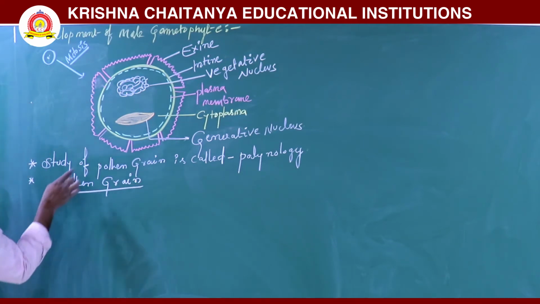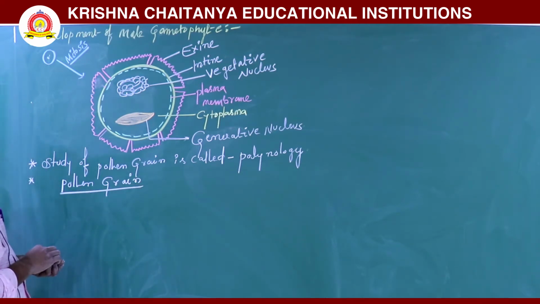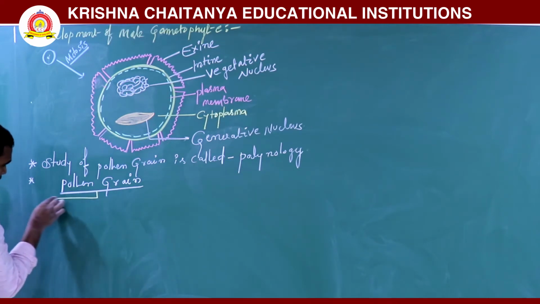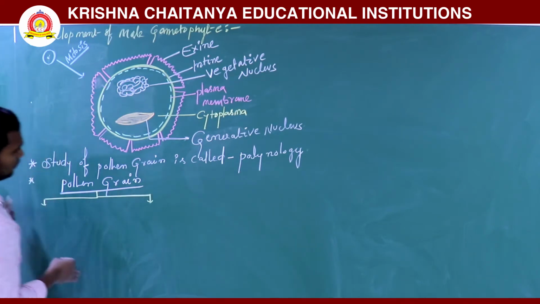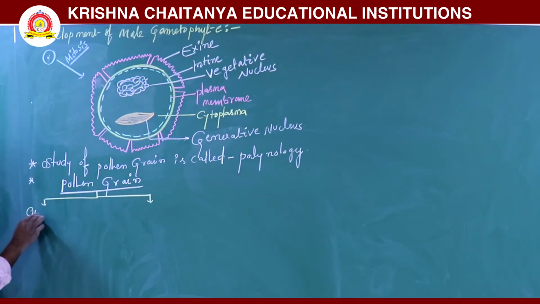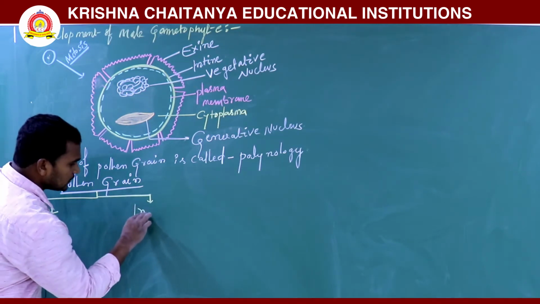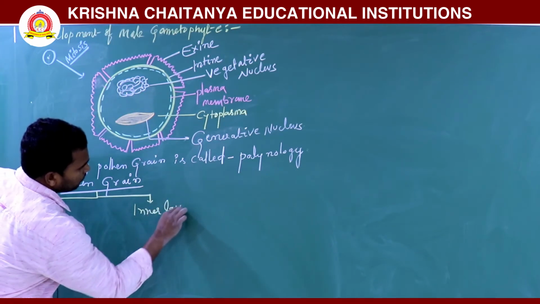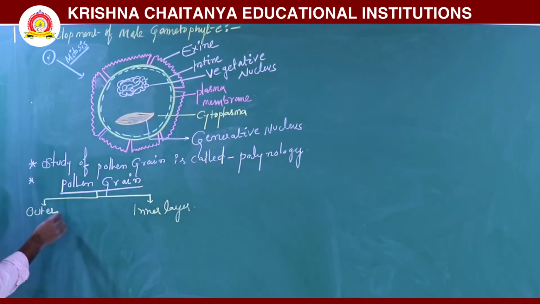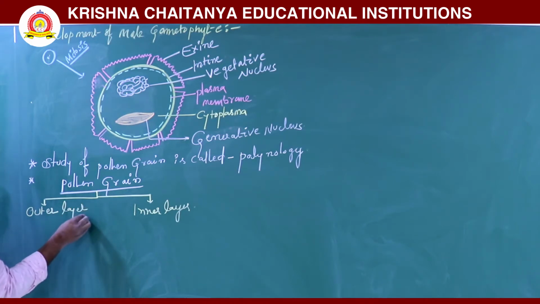The pollen grain has two wall layers: one is the outer layer, another one is the inner layer. This is the outer, and this is called the inner layer.